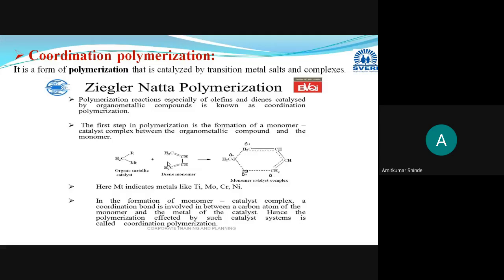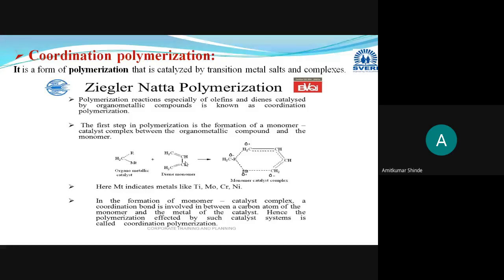You can say that the accelerator you have to add in the form of metal salts will accelerate the process. Monomer will be there, and that monomer will get transformed to the polymer only in the presence of that metal salt. Otherwise it does not participate in the polymerization. This is termed coordination polymerization.